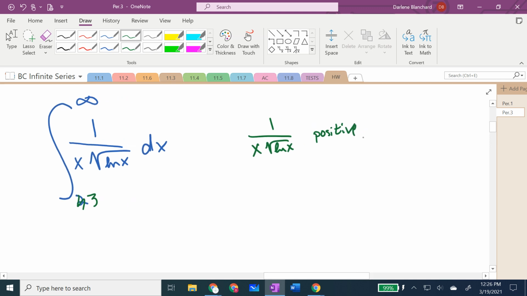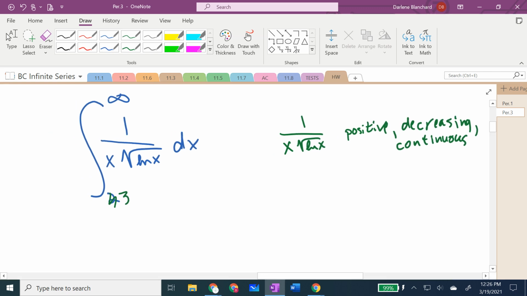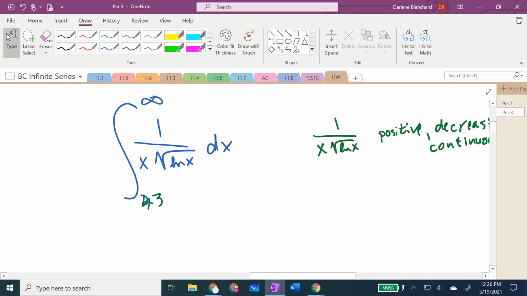It is definitely heading to 0. Or sorry, that wasn't it. Decreasing. And it is continuous for that domain. So those are the things needed to go forward and say, if this integral converges, so does the sigma. If it diverges, so does the sigma.